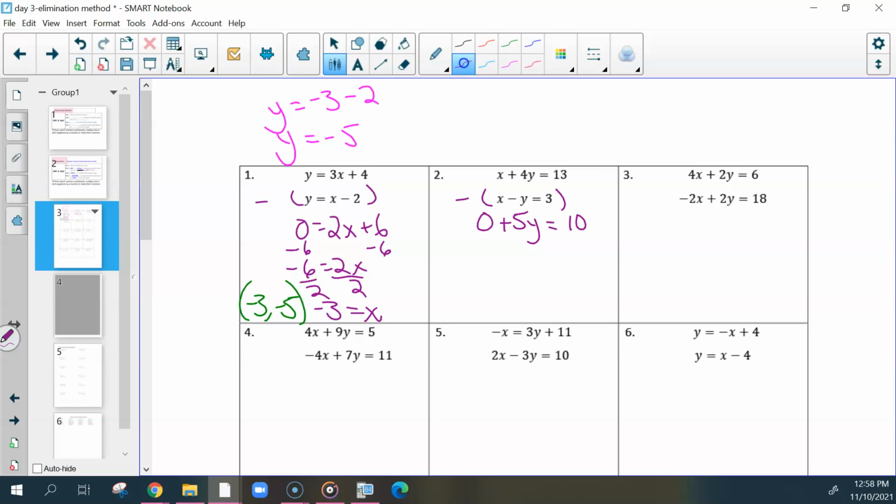We'll get to one of those where we're going to end up subtracting as well, and that'll make more sense when we get to it. So y here equals 2.